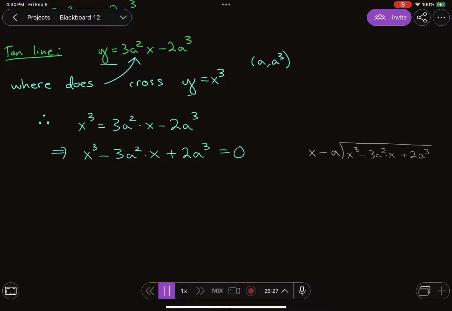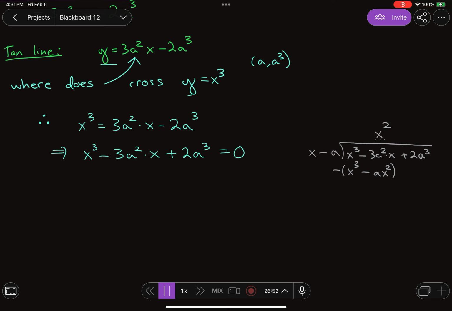So we have x times what is equal to x cubed? That's x squared. And grabbing this x squared, distributing it through these guys, we have x cubed, and then we have minus a x squared.